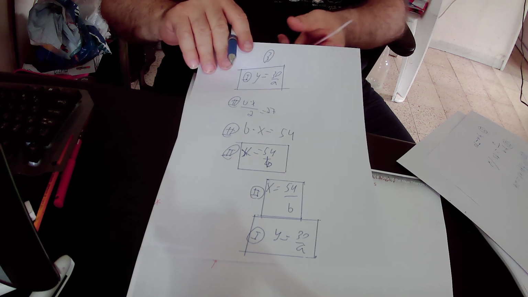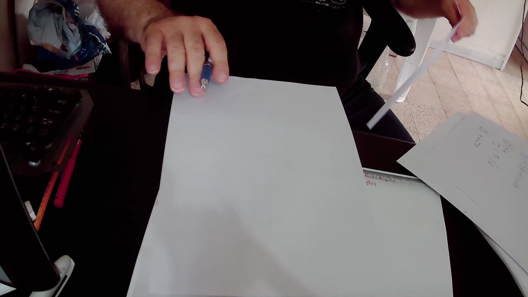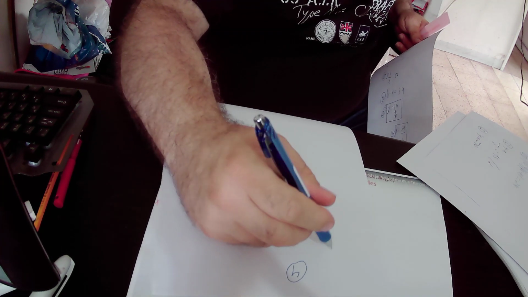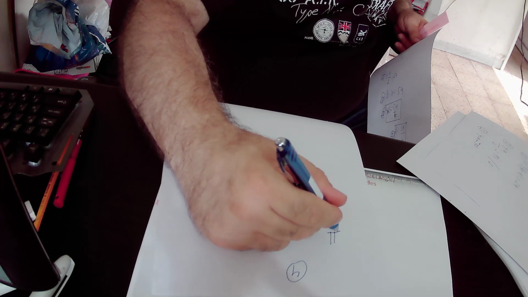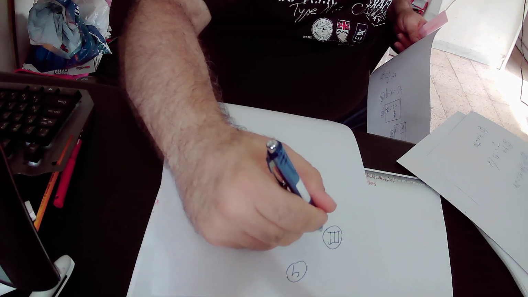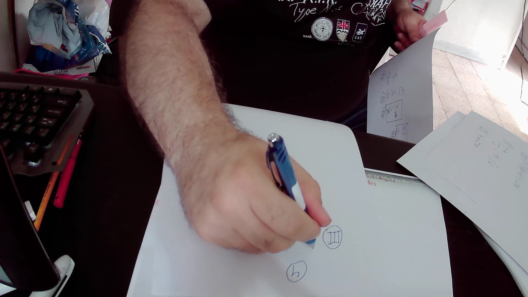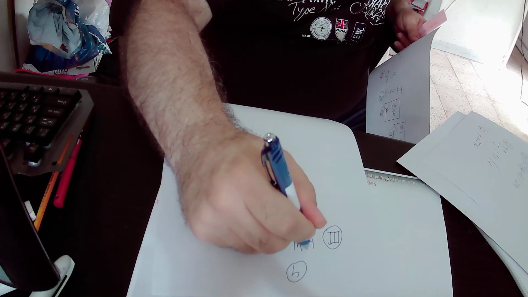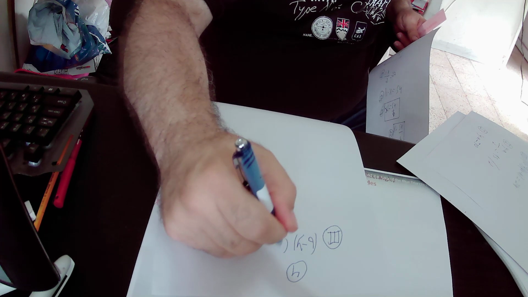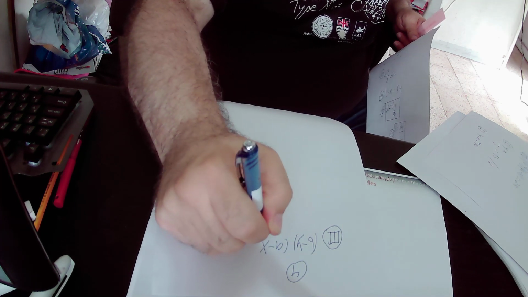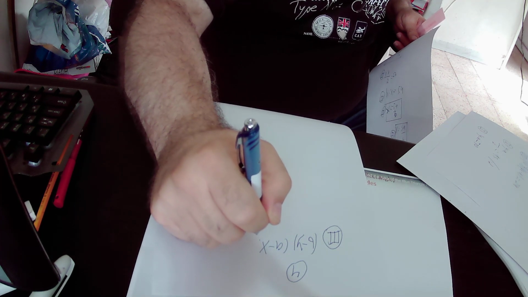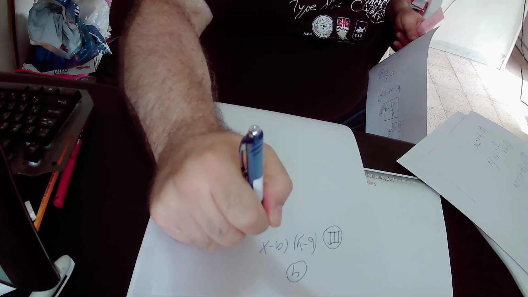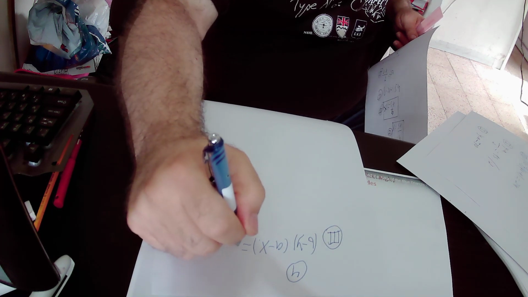So the third equation is actually b minus y times a minus x equals 24.